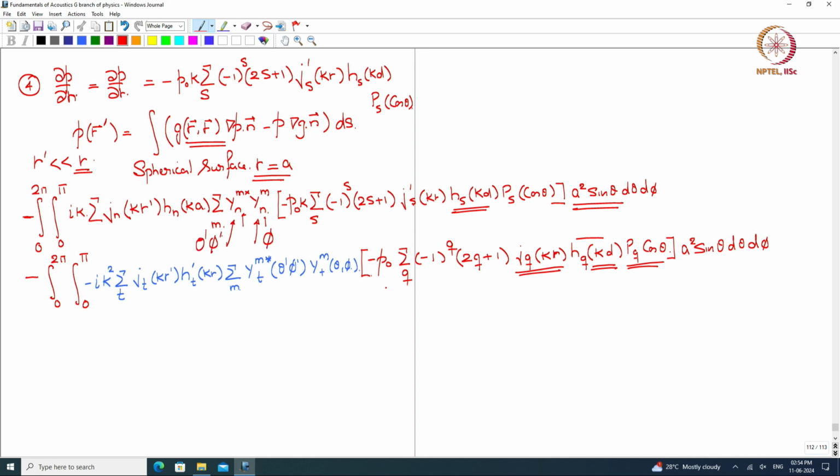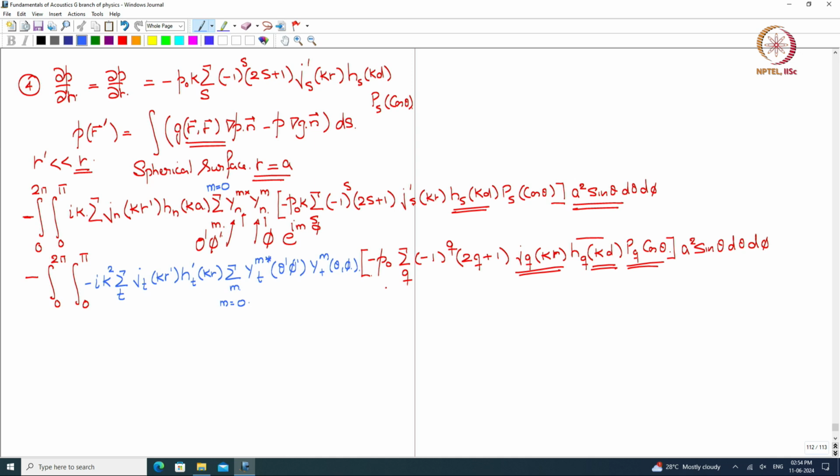Only here is phi, which is in the form of e to the power of minus or plus im phi. Nowhere else is there phi. So if m is 0, I will get a twice pi. If m is non-zero, it is a 0. So m has to be 0. So in this summation over here, m has to be equal to 0. One term has to be picked up. Same here, m is equal to 0. Only one term gets picked up. And 2 pi gets added.